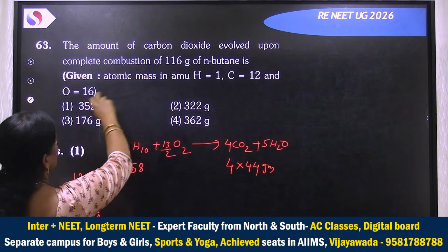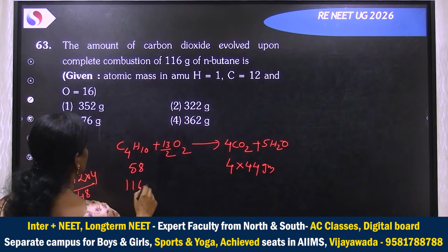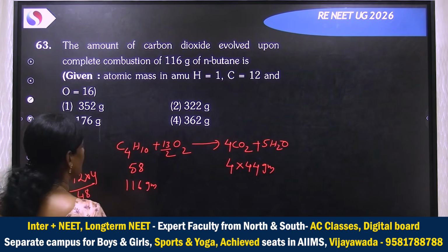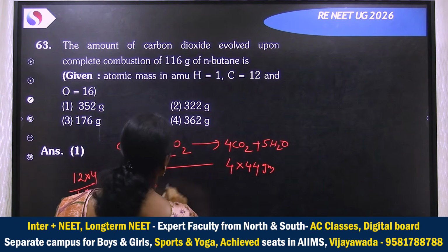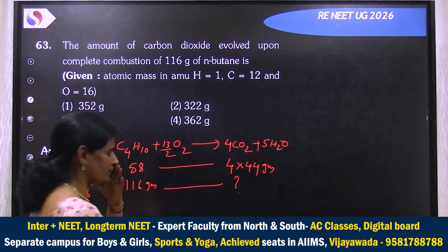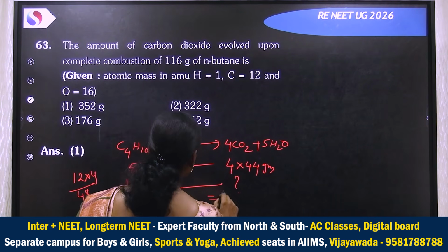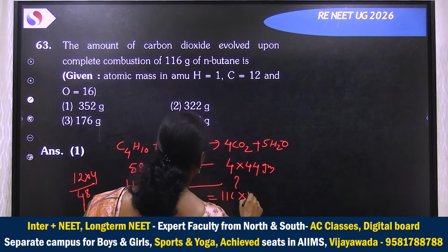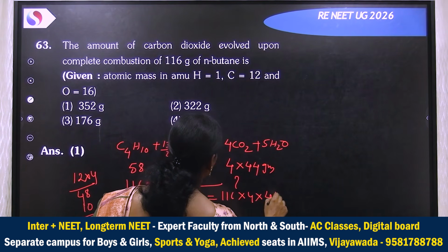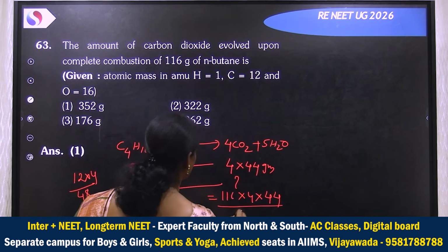Then in the question it is given: 116 grams of n-butane on combustion gives how many grams of carbon dioxide? If we solve this, it is equal to 116 into 4 into 44, where 44 is the molecular mass of carbon dioxide, divided by 58.